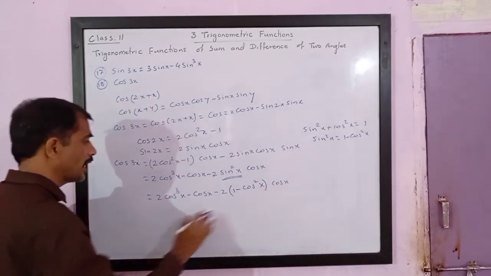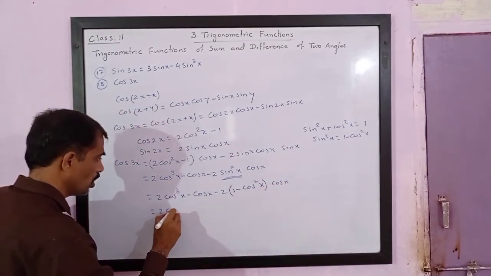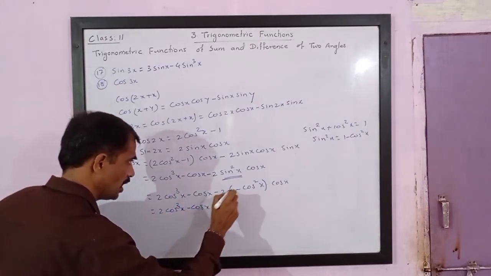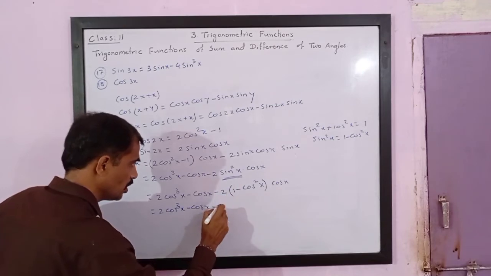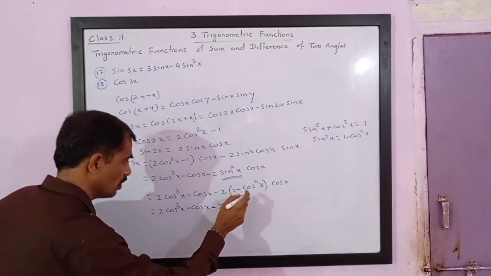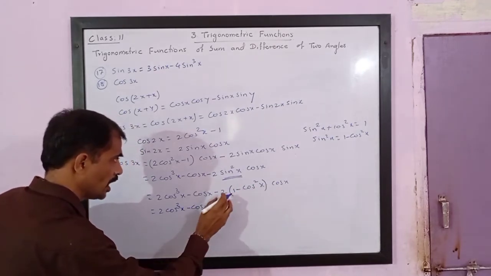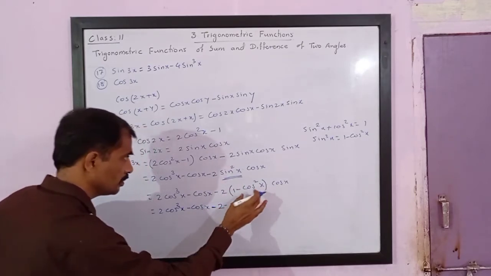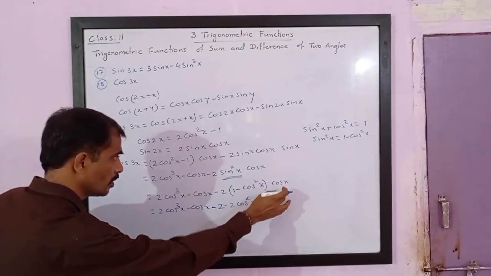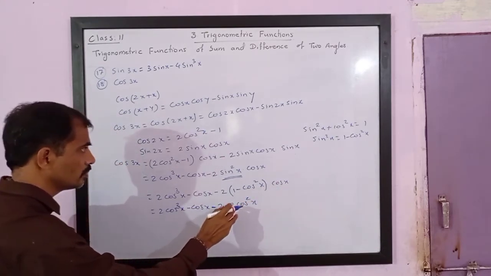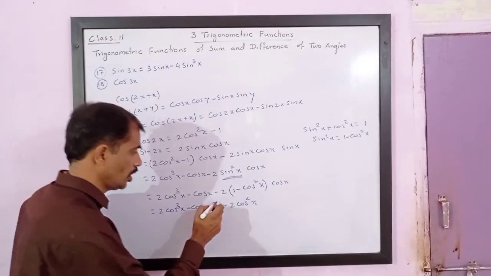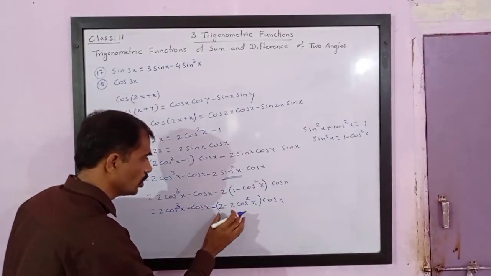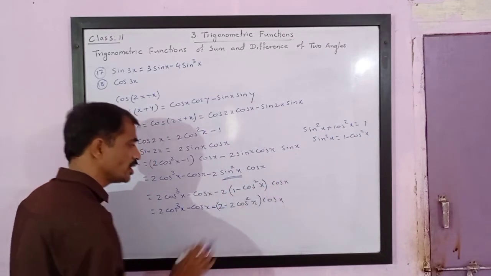So if you solve this bracket, you will get 2 cos cube x, this is as it is, minus cos x, minus 2 into 1 is 2. This will be cos square x minus 2 cos square x into cos x. So I have multiplied by 2 inside the bracket. Now let us multiply by cos x inside the bracket.